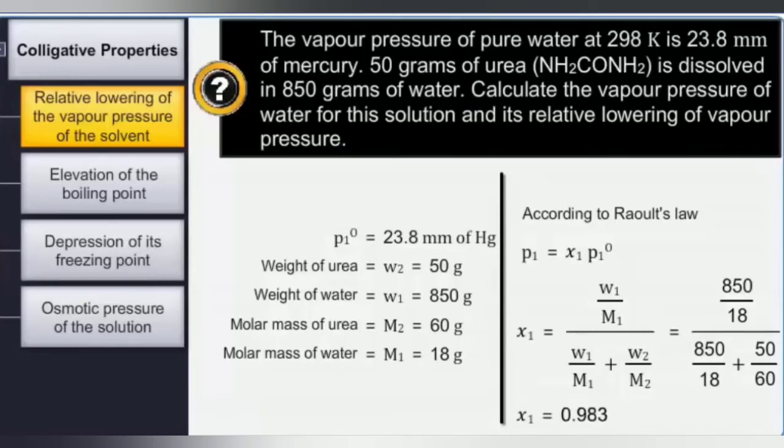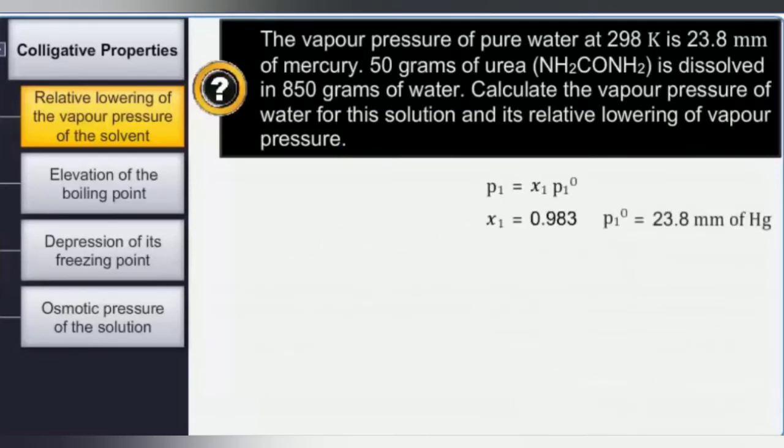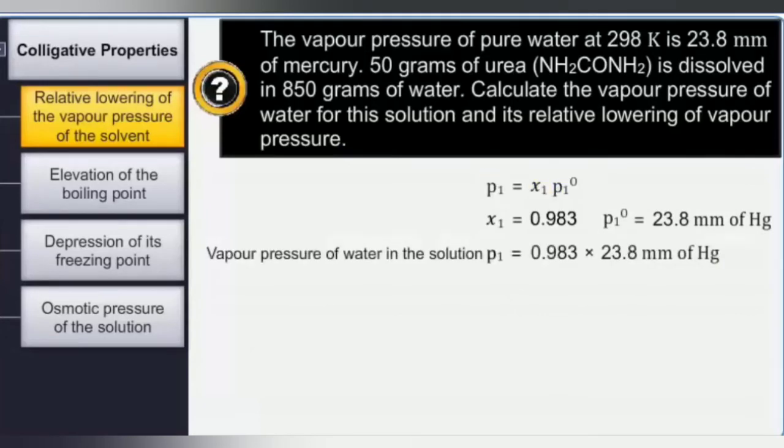Substituting this value of X1 in the expression, we get the vapor pressure of water for this solution. P1 is equal to 0.983 multiplied by 23.8, which is equal to 23.395 millimeters of mercury.